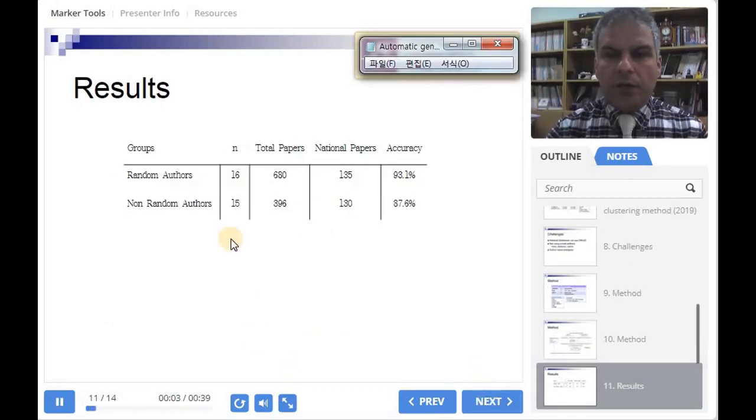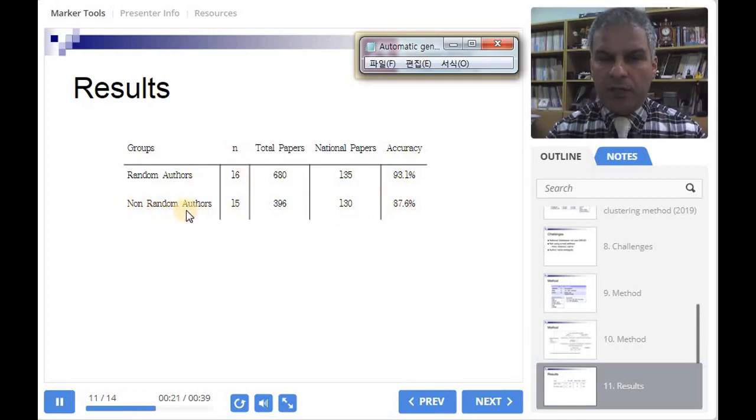Our result for national articles were 93% in random authors and 87% accuracy in non-random authors. This is only national articles, and we didn't include international articles because that is the limitation of our work.